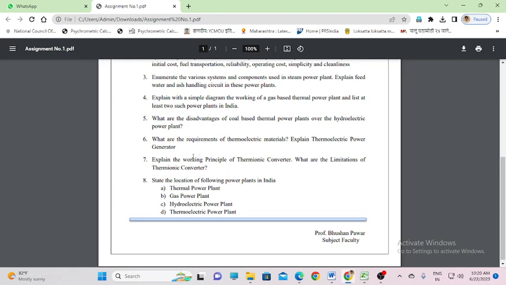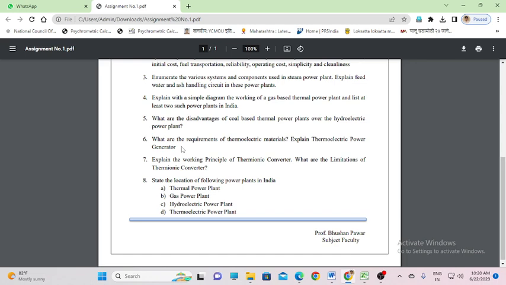Question number 6. What are the requirements of thermoelectric materials? Explain the thermoelectric power generator. Thermoelectric materials have a special capacity to carry heat. So mention their properties, or how the material should be, so that we can generate electricity by the Seebeck effect.